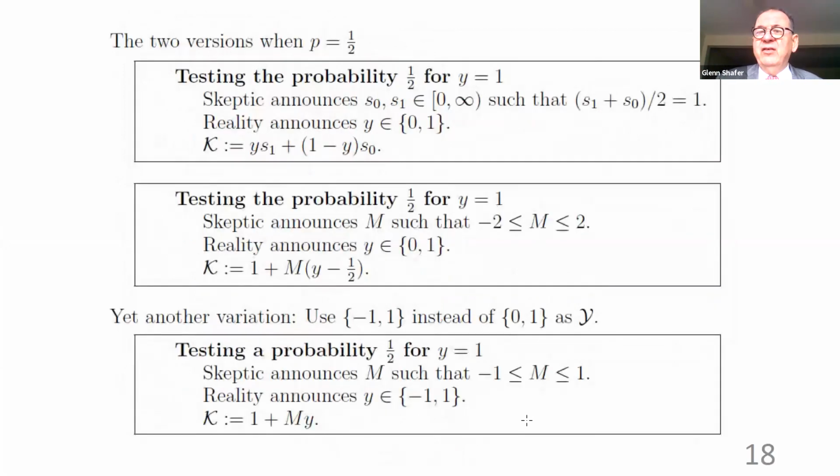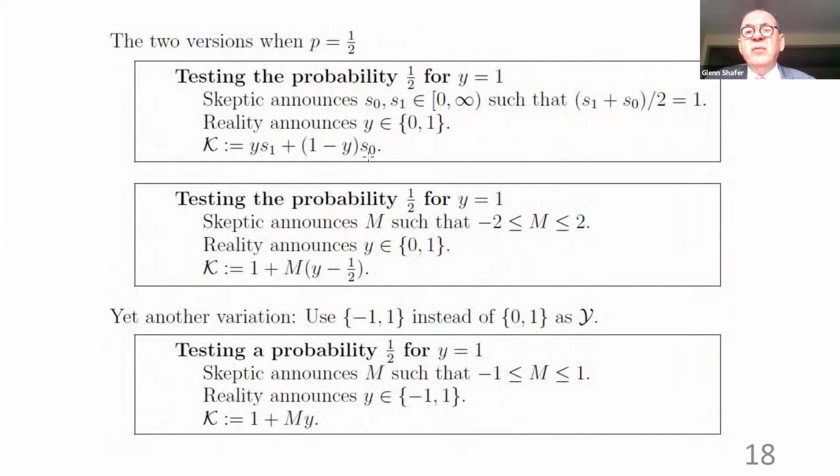Okay. So let me specialize the story to P equals 1/2. I had two versions of the protocol on the previous slide, and here all I have done is replaced P by 1/2. So P times S1 plus 1 minus P times S naught: P is 1/2, so I just get the average of S1 and S naught there. And then the payoff is Y times S1 plus 1 minus Y times S naught.